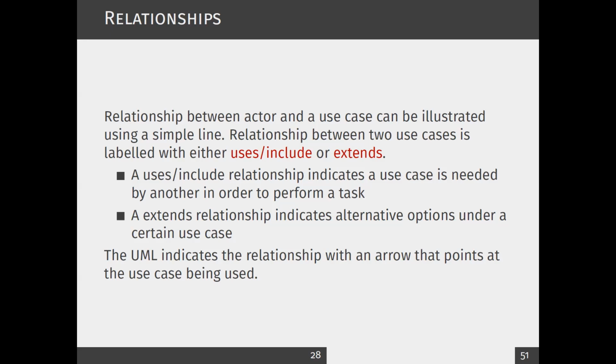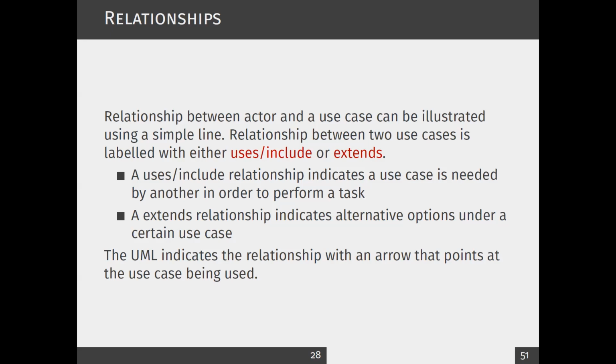Again, I will repeat my question for the audience. In the borrow books example that I have discussed, the two include use cases are, when you want to borrow books, you check whether the book is reserved, and you check whether there are any fines.